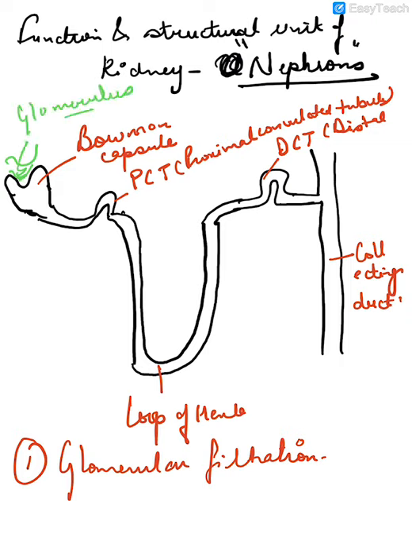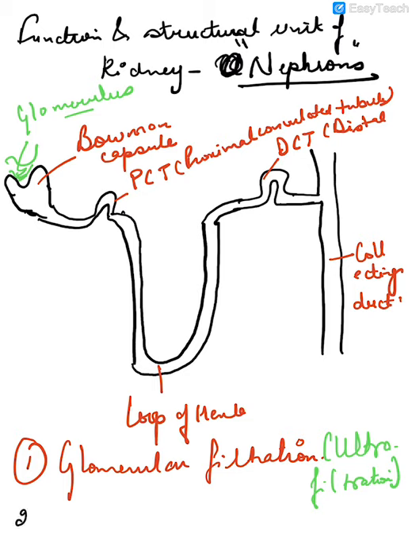Filtration which takes place in this tuft of capillaries known as glomerulus present in the Bowman capsule is known as glomerular filtration or ultrafiltration. You have to remember that Bowman capsule filtration with the help of glomerulus is also called ultrafiltration.